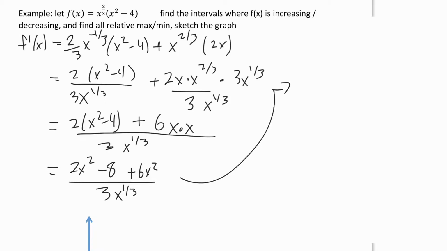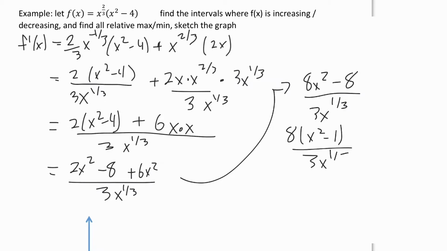So we'll have 8x squared minus 8 over 3x to the 1/3. We could factor out an 8. So x squared minus 1 over 3x to the 1/3. And then we can factor that as a difference of squares. So 8 times x minus 1, x plus 1 over 3x to the 1/3.